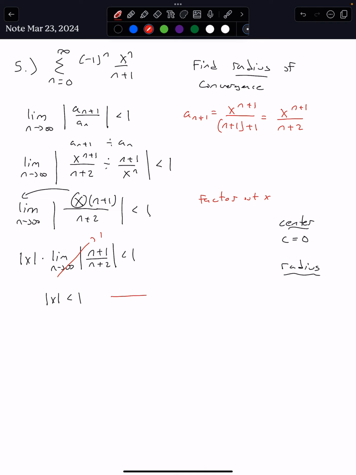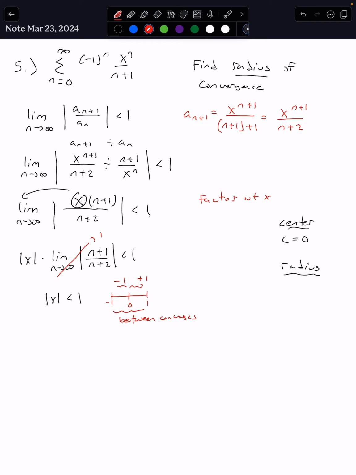Absolute value says if I'm starting at the center, which is 0, the distance from that center has to be less than 1. So I can go out 1 to the right, and I can go out 1 to the left. And that's going to put me at negative 1 and 1. And what this is telling us is that anything in between converges.